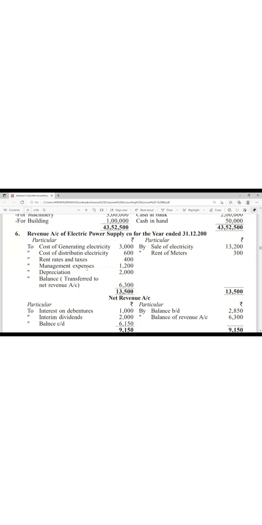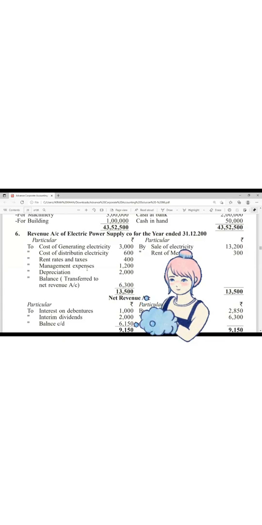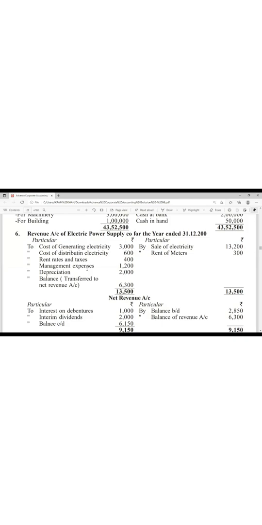Here is the solution. In the question, we are asked to prepare revenue account, net revenue account, capital account, and balance sheet. Okay. First, we will be preparing the revenue account.